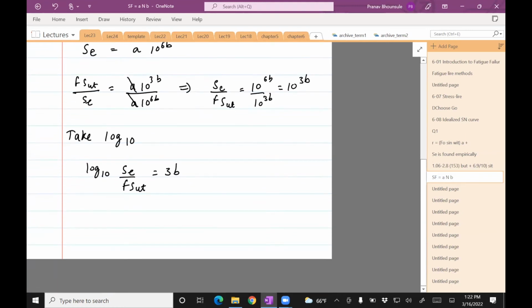So we have a formula for b: b equals 1/3 log 10 of SE divided by F SUT. It's important that when you use this equation, you take log to the base 10. By default, your calculators have two options: natural log, which is the base e, and log to the base 10. Take to the base 10.